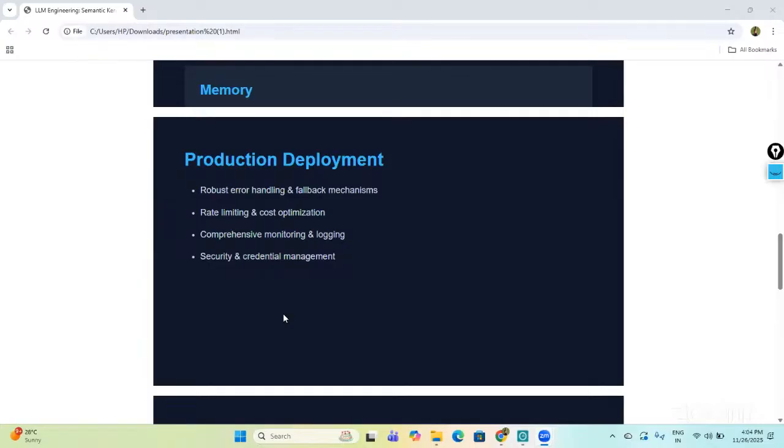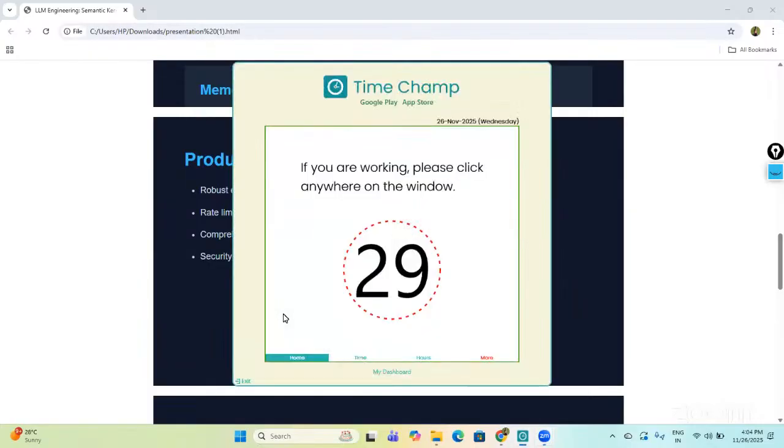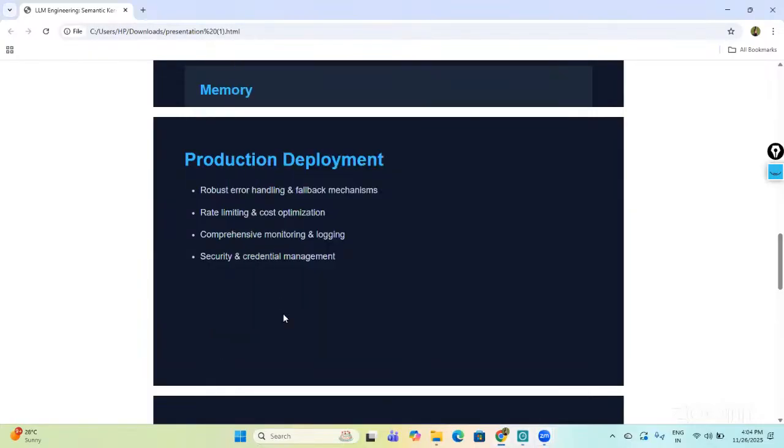Logging and monitoring for observability is also included, along with secure credential and key management. This will ensure your AI application doesn't just work, it works safely, predictably, and at scale under real-world conditions.